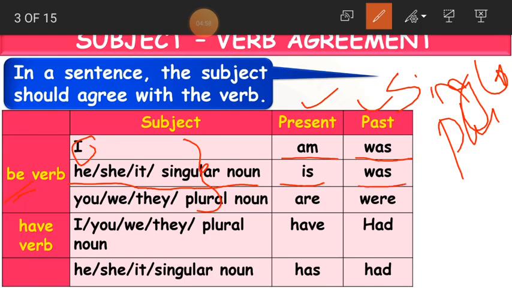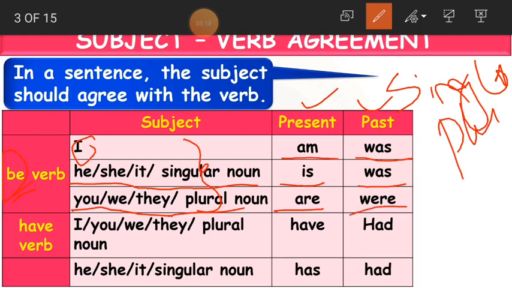Clear children? If the subject is you, we, they or any other plural noun, then in present tense the be verb becomes are. In past tense it becomes were.